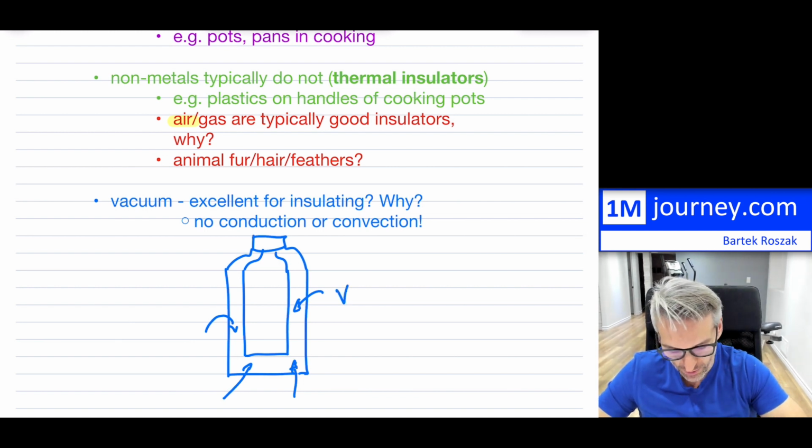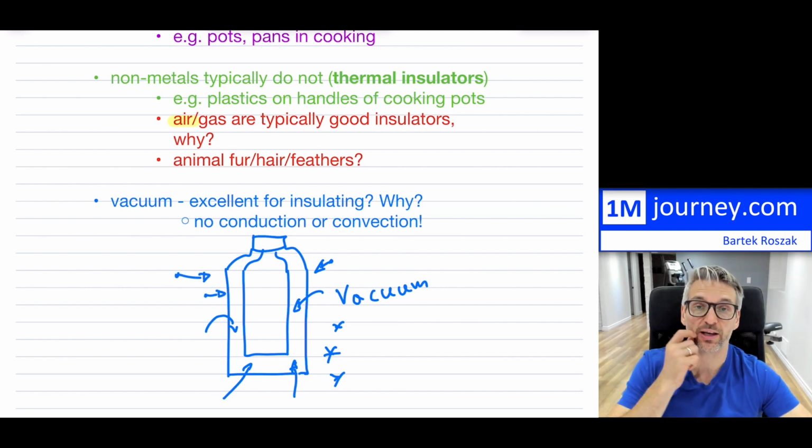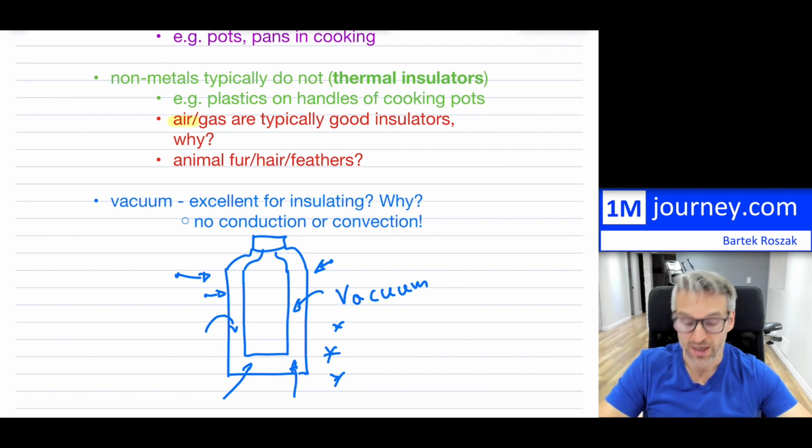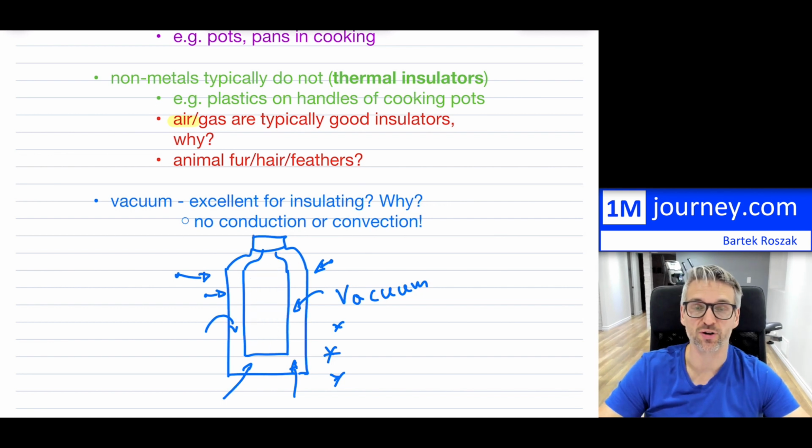So ideally, we would want this to be a vacuum, so that anything within here, these particles that might be moving around, if they do hit this particular structure of our bottle or thermos, then it's not going to be able to do anything on the inside, because it can't pass on that thermal energy through to impact whatever it is that we have. So if it's our coffee or tea or soup or whatever, we can keep it relatively warm.